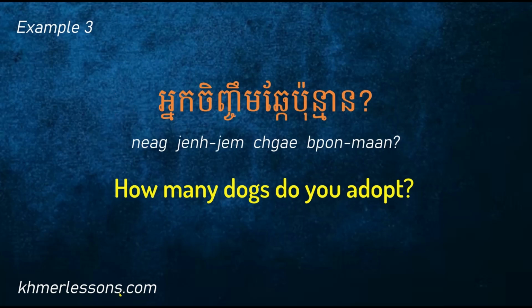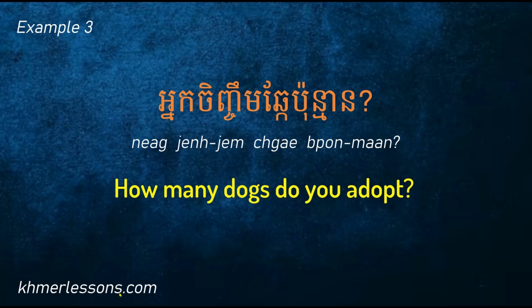Example 3 is about animal, but it's the same as a person. How many dogs do you adopt? អ្នកចិញ្ចឹមឆ្កែប៉ុន្មាន. ឆ្កែ is a dog, and dog is an animal. And ចិញ្ចឹម means to adopt or to raise.